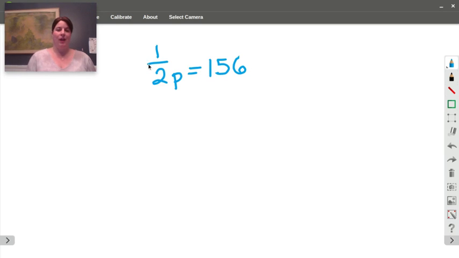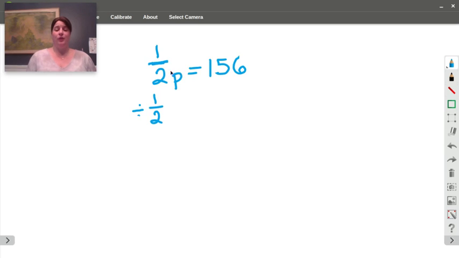So here we have a fraction bar, but it's for an actual fraction. So a lot of times students will ask me, well, how do I know if it's a division problem or a multiplication problem when you have a fraction like this? So this problem, we are multiplying 1/2 times p. So in order to get rid of this 1/2, we have to divide by 1/2.